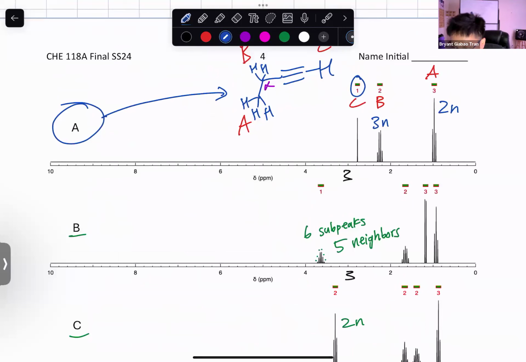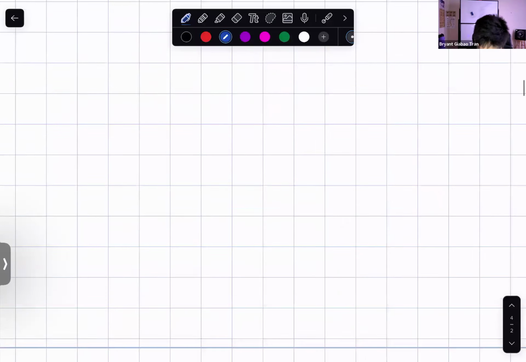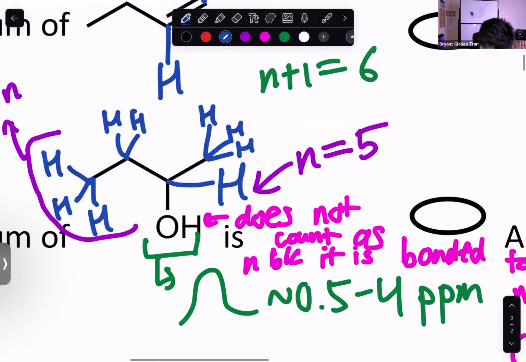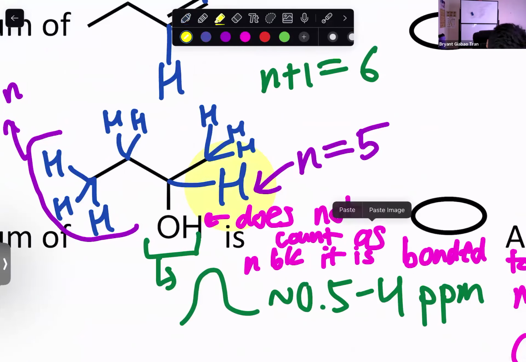So did you choose that H because it's closest in proximity to the electronegative atom, and therefore the 6 peaks would be between 2 to 4? Because what if there were also 6 peaks at 2 or something? Oh, yeah, that's a good question. I specifically chose the most interesting hydrogen, which is this hydrogen here.